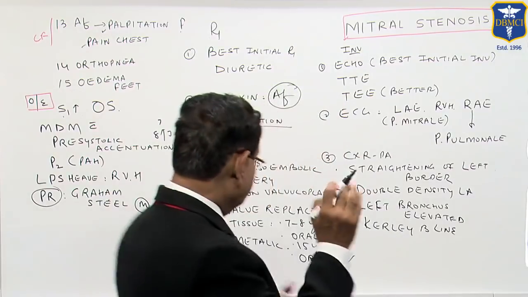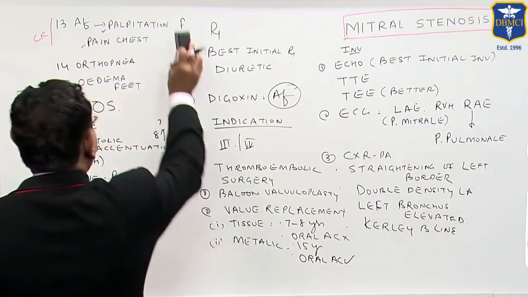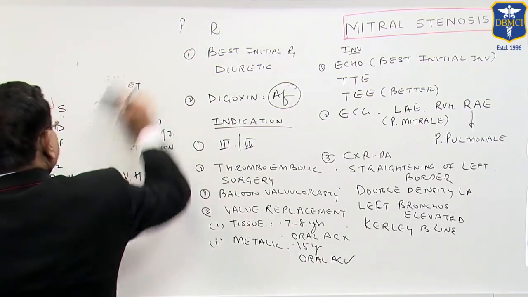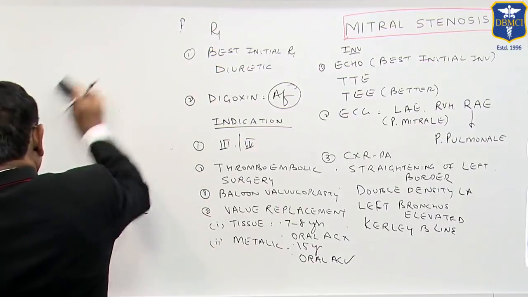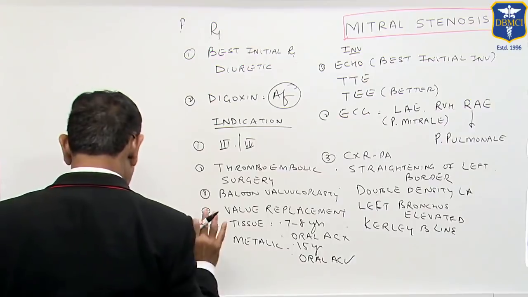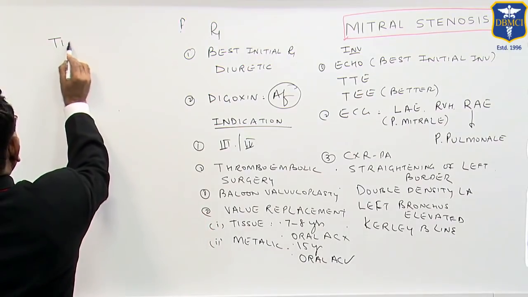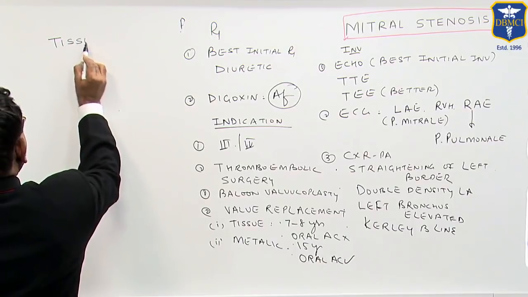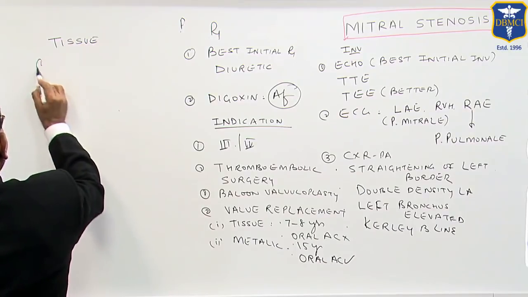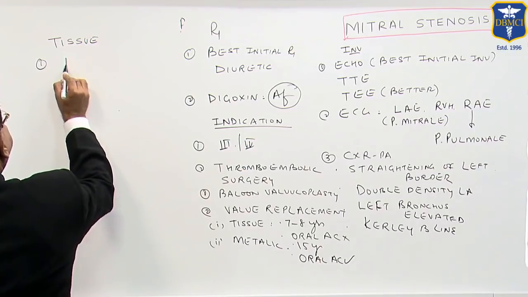So, in what situations will you like to use a tissue valve? Tissue valve we use in the following situations. We use it during pregnancy.